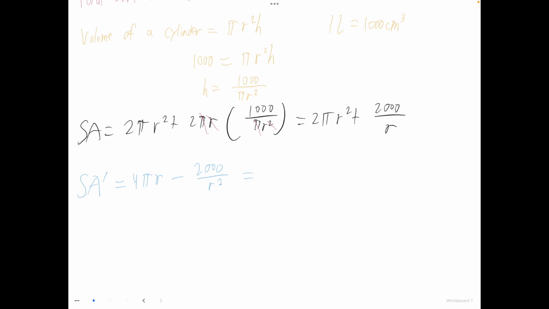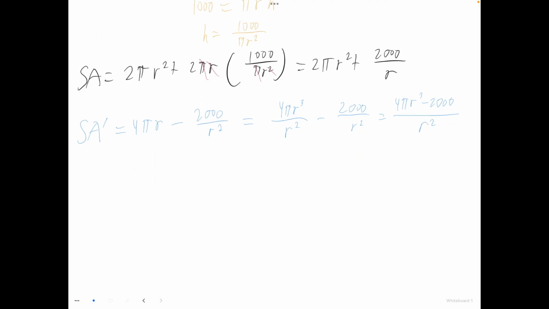And then this becomes 4 pi r cubed over r squared minus 2,000 divided by r squared, which is then going to be 4 pi r cubed minus 2,000 divided by r squared. I'm just rewriting it like this because we want to figure out when this is 0, and it's going to be easier to have them combined.